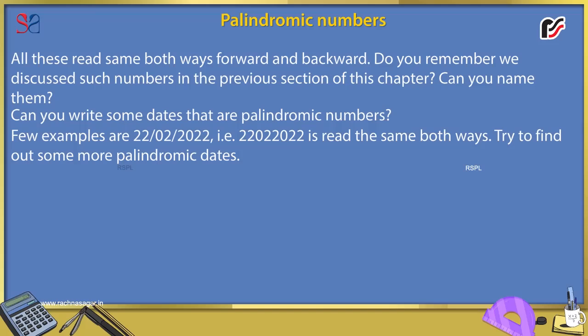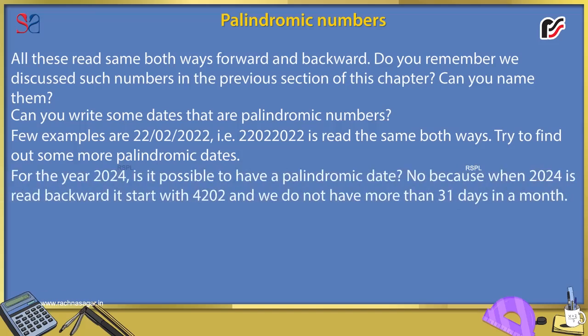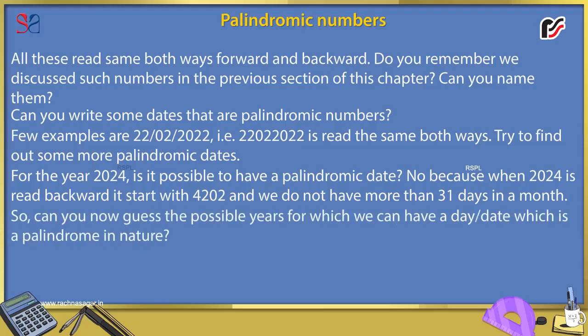Try to find out some more palindromic dates. For the year 2024, is it possible to have a palindromic date? No, because 2024 read backwards starts with 4202, and we do not have more than 31 days in a month. So, can you now guess the possible years for which we can have a date which is palindromic in nature?